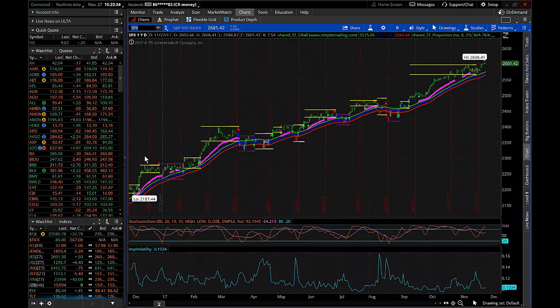But for the most part, the income trades, those being iron condors, credit spreads, longer term butterflies, calendars and diagonals and that kind of stuff, are set out far enough in time that you don't need a 5-minute chart or whatever, because you're going to be 30 days out or 60 days out or whatever.